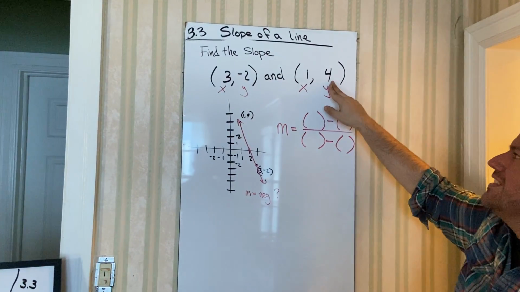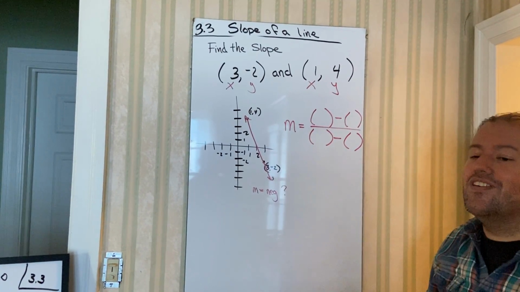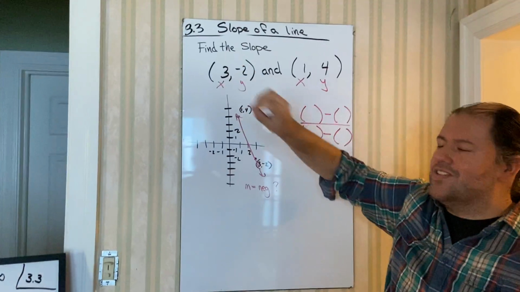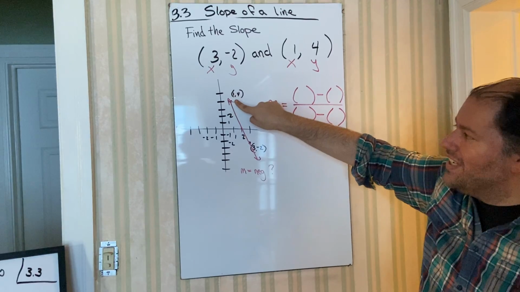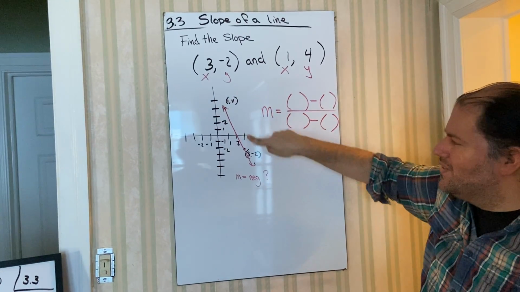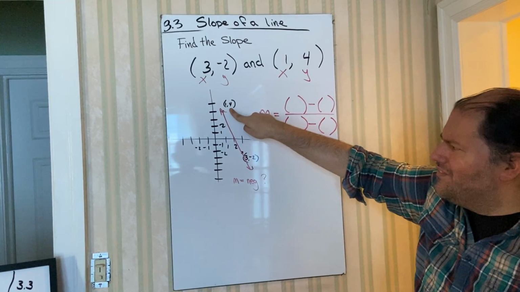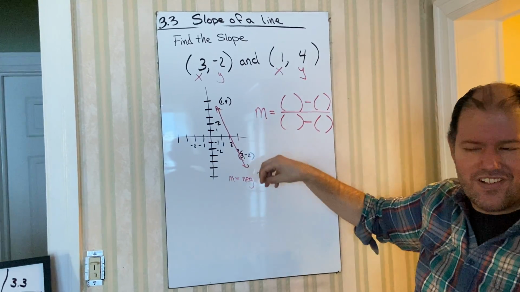So a lot of times you might see the book say, let's do 4 and a -2. You don't have to do it that way. It doesn't matter if this is your first ordered pair or if this is your second ordered pair. Because if I gave you a graph instead of writing it out and I gave you this picture, who would have said that this is your first ordered pair? Or maybe this one is your second ordered pair? You can't tell when it's on a graph.